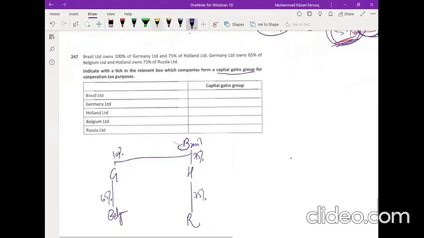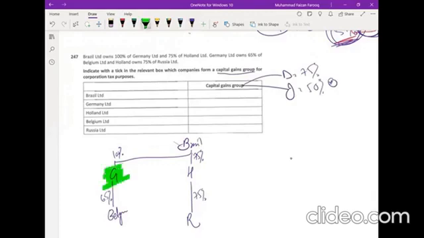Now, first of all, we know for capital gains group, direct is 75 and indirect is 50. And for 50, we have a rule as well. We will apply the rule. First, we will see whether these indirect companies are in a 75% group or no.